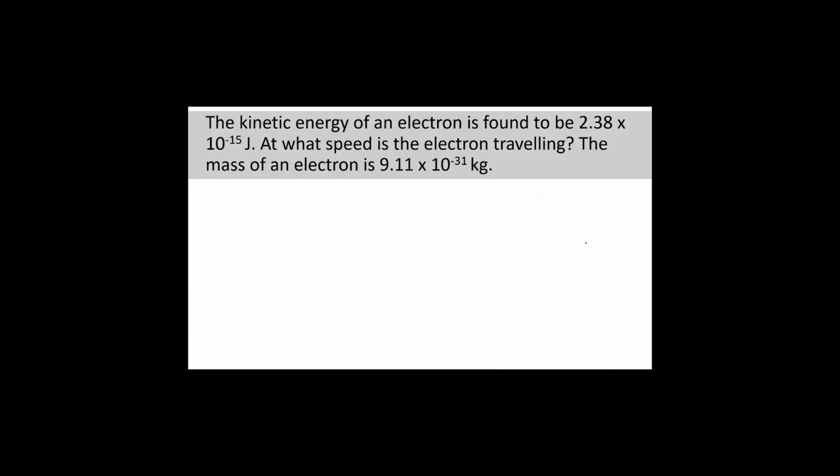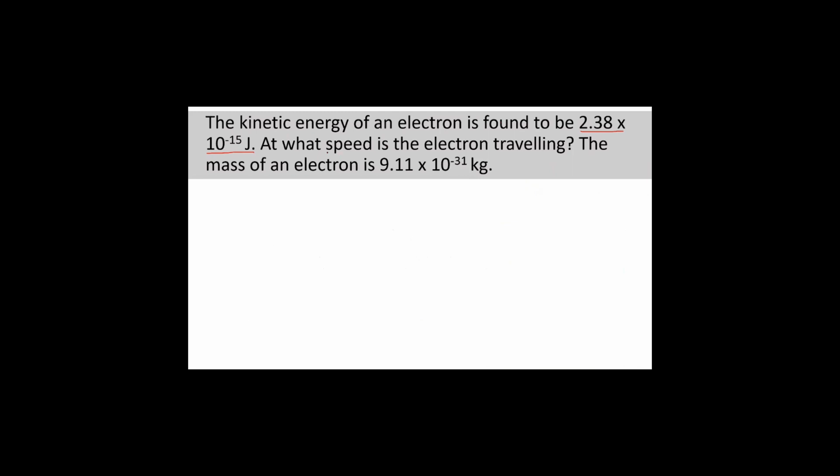So we have here, the kinetic energy of an electron is found to be 2.38 times 10 to the power of negative 15 joules. So we have the kinetic energy of the object, which is the electron.